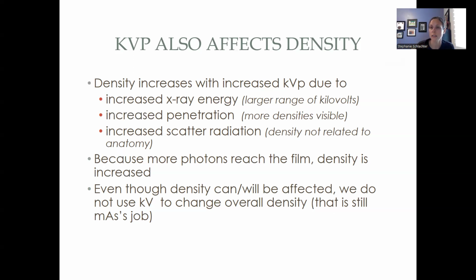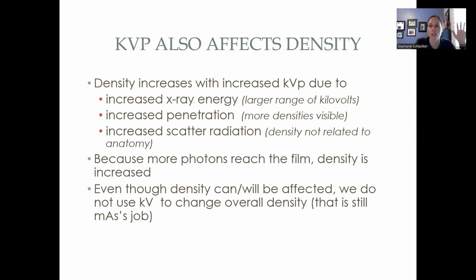If the image is too light, I'm not going to go, oh, I'm going to increase my kVp to make it darker. I'm going to increase my mAs to do that. If I've hit my max one way or another, maybe I will use my kVp to adjust that. But for all intents and purposes, mAs is what we are going to use to change the overall lightness and darkness of our image.